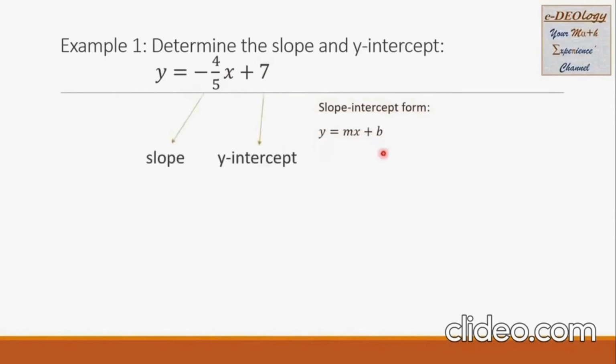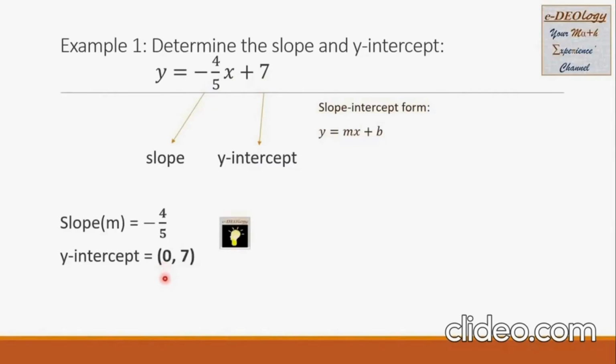From the slope-intercept form, we know that the coefficient of x is the slope, while the constant will be the y-intercept. Let us now collect the slope, and that is negative 4 over 5. While the y-intercept, we will take this 7, we will copy here, that will be the y-coordinate, and the x-coordinate will be always 0. This is our final answer.